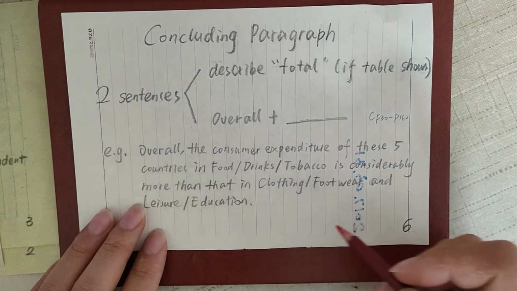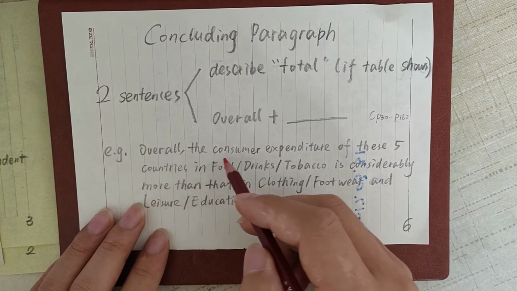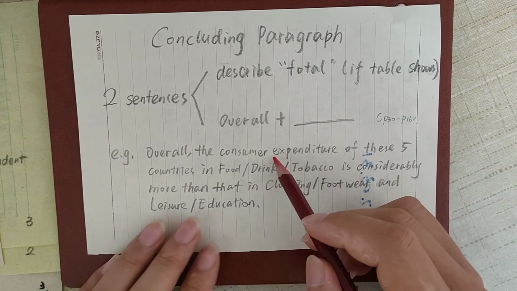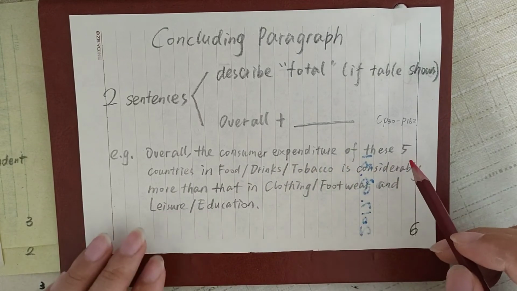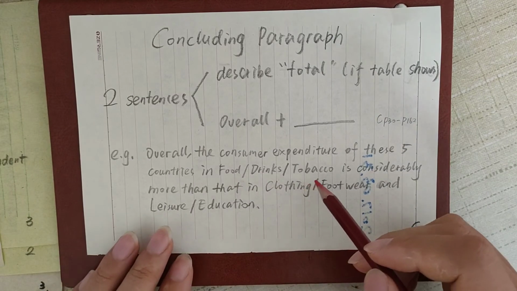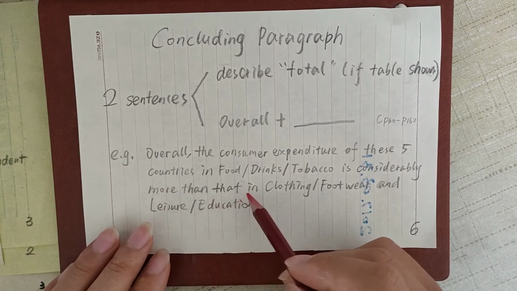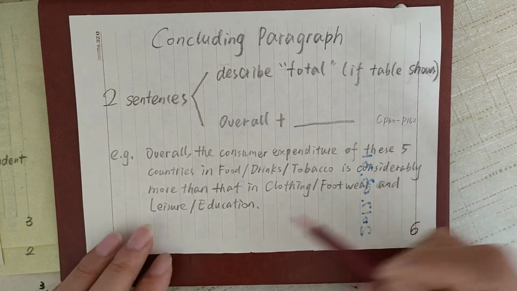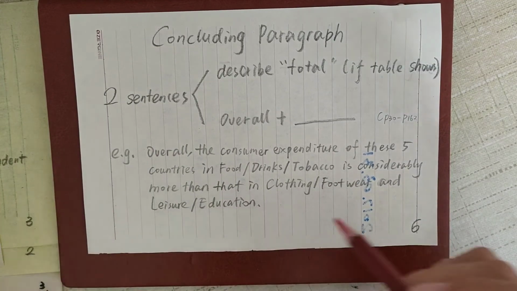This is what I write. Overall, the consumer expenditure of these five countries in food, drinks, tobacco is considerably more than that in clothing, footwear, and leisure, educational.